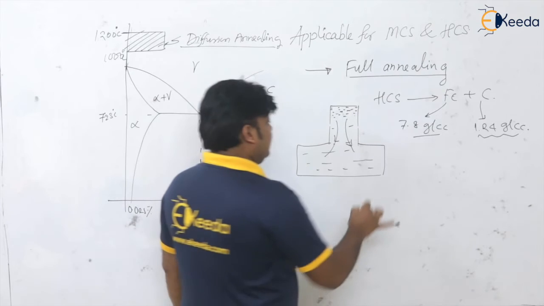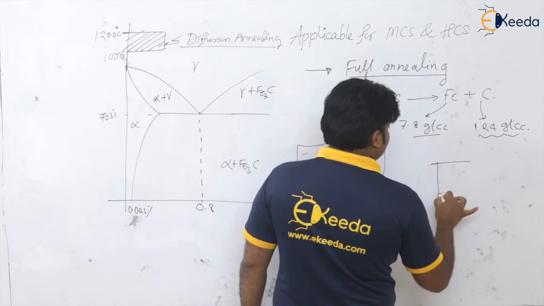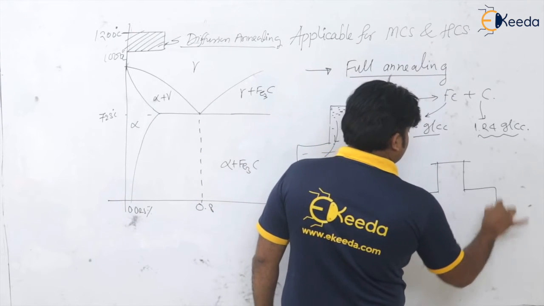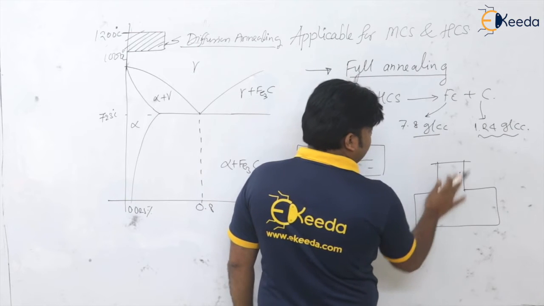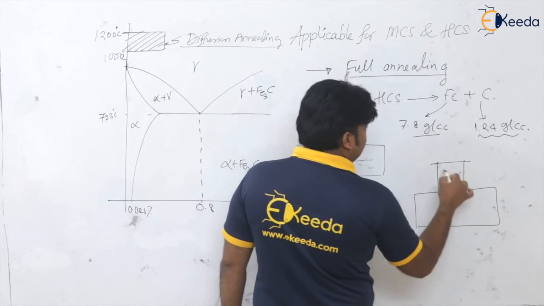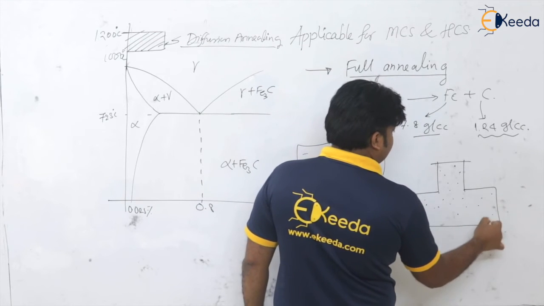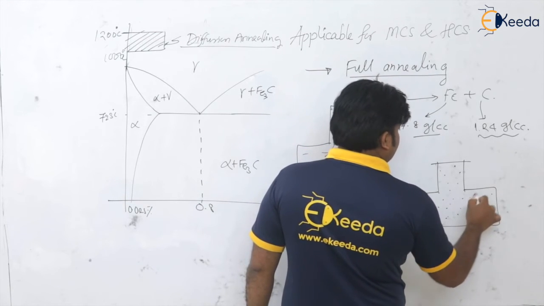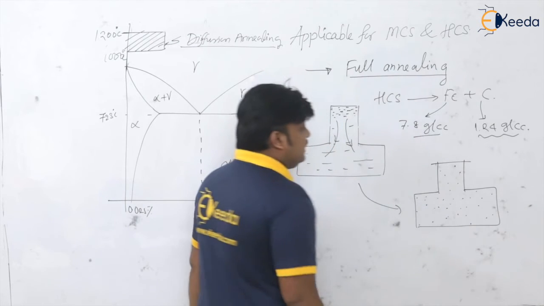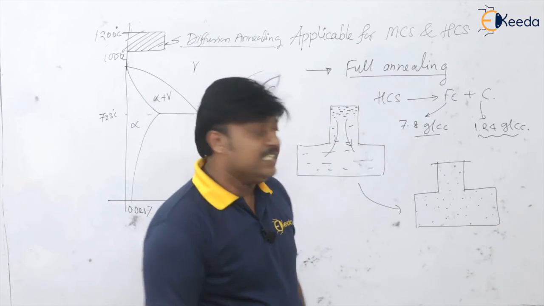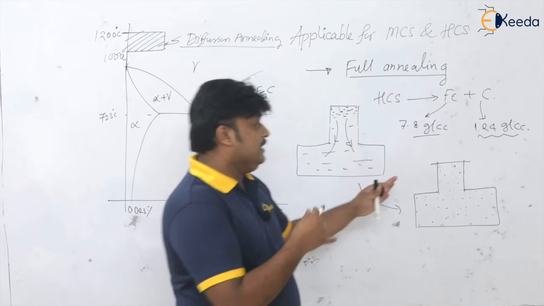After this diffusion annealing process you will get a uniform structure. If I take this white as the iron matrix, in that are uniformly distributed carbon particles. So we have removed the heterogeneity in the chemical composition of this casting.